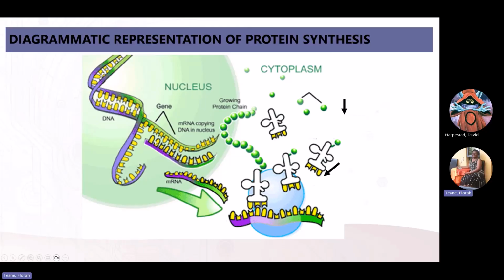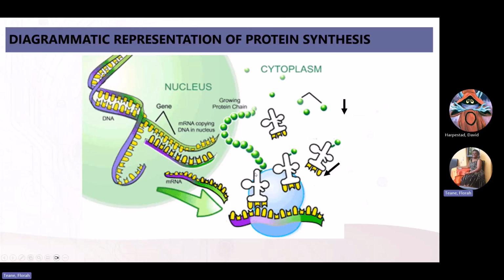After this message has been copied, messenger RNA leaves the nucleus carrying the coded message from DNA to the ribosomes. And in the ribosomes, remember I said this is the cell organelle where protein synthesis takes place.